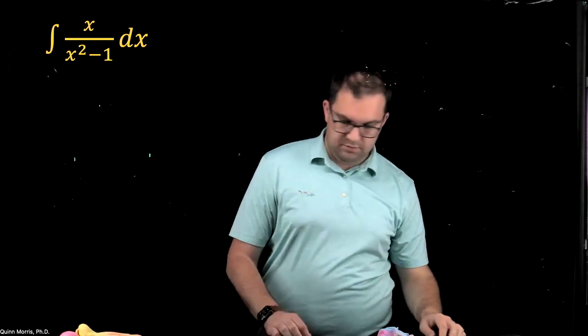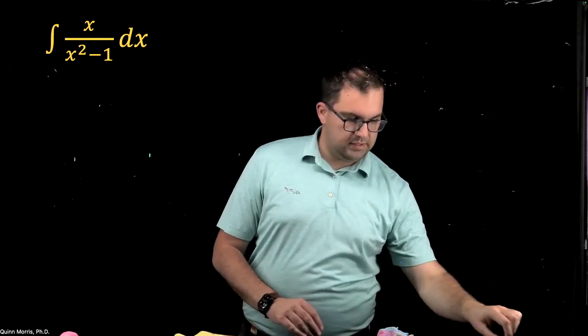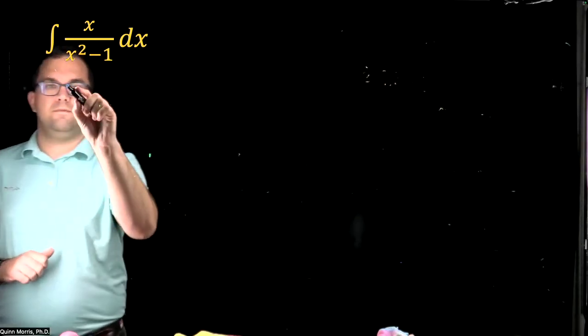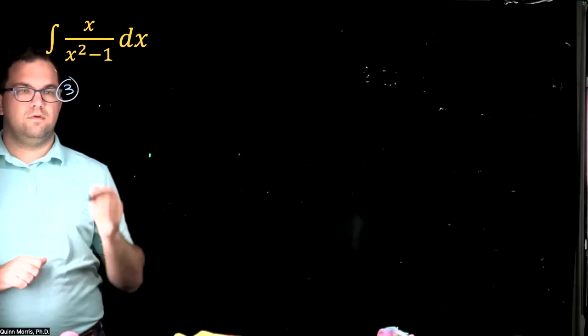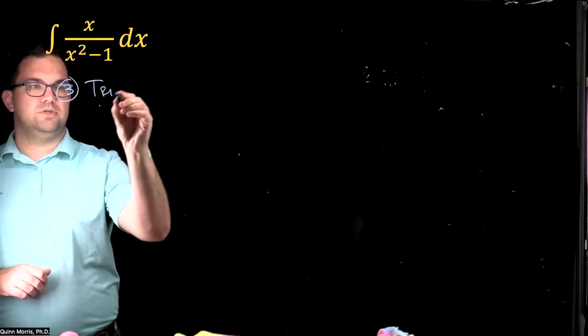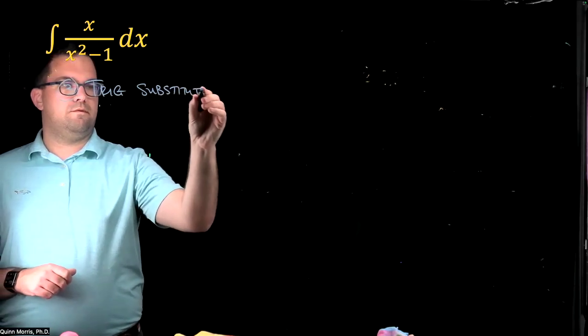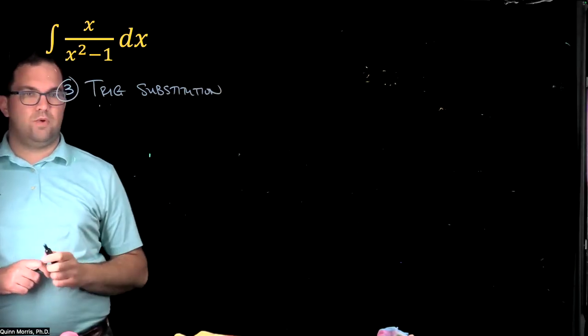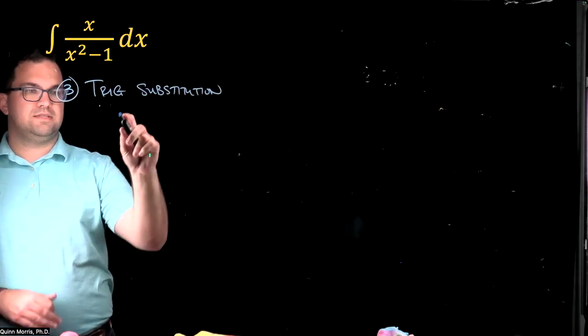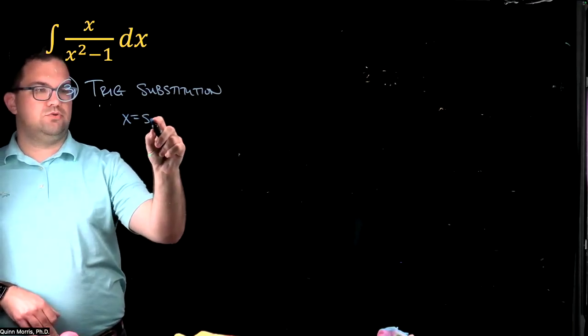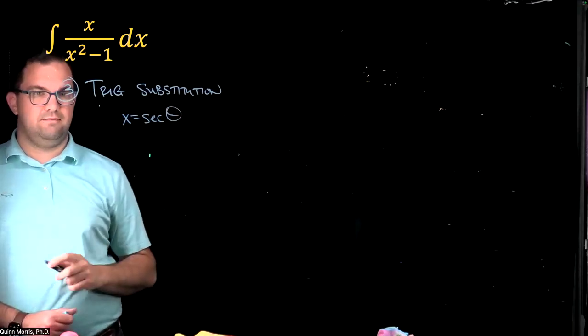So my third option is to think about a trig substitution. Now, I have an x squared minus 1. So that's going to suggest to me that I want to make the substitution x is equal to secant theta.